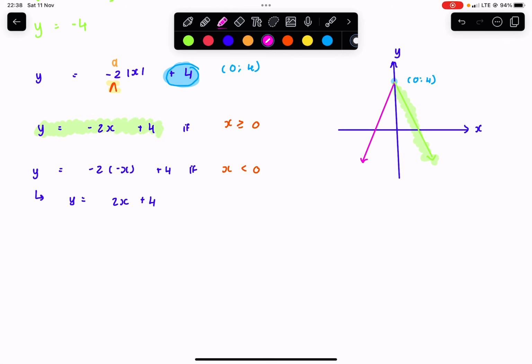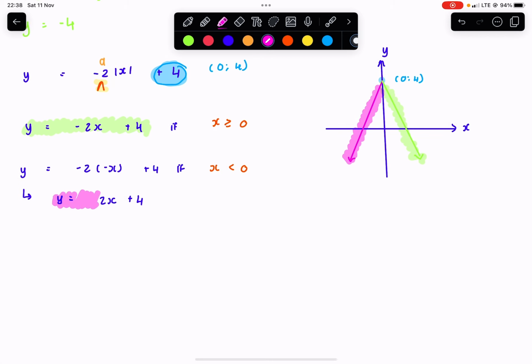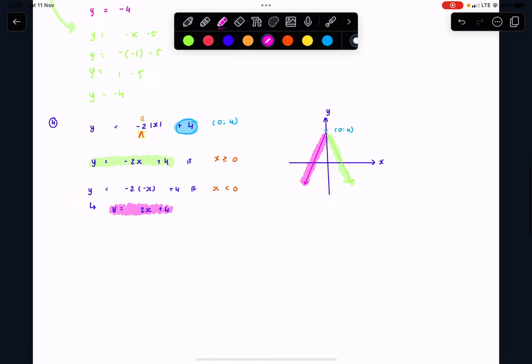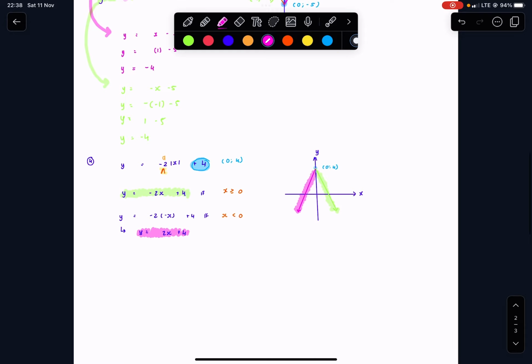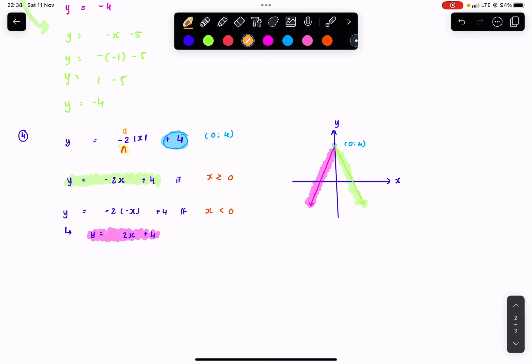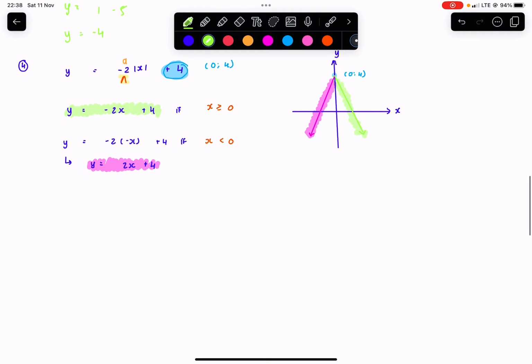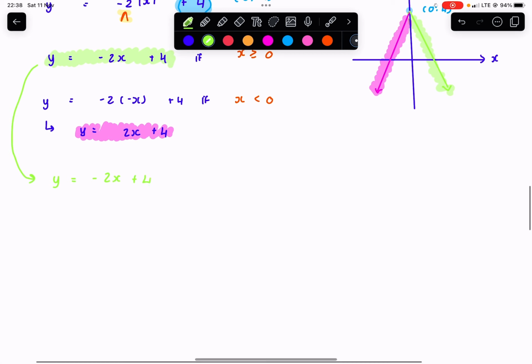Then we attempt our second equation, our second line on the graph. Then we say, where do we have a negative gradient? Where do we have a positive gradient, and the positive gradient is definitely y equals 2x plus 4. Fantastic, we're doing great so far. So let's start with the first arm, which has the negative gradient. So we have y equals negative 2x plus 4.